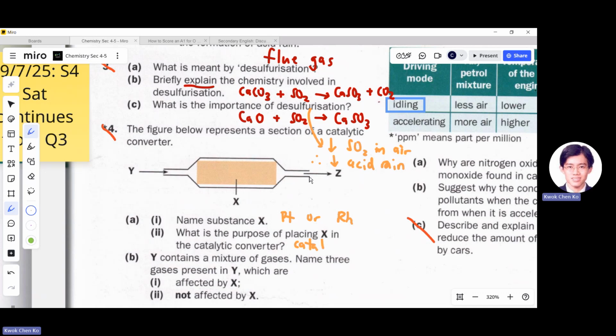Right, it catalyzes redox reactions to turn air pollutants or engine pollutants, if you want, into less harmful gases.